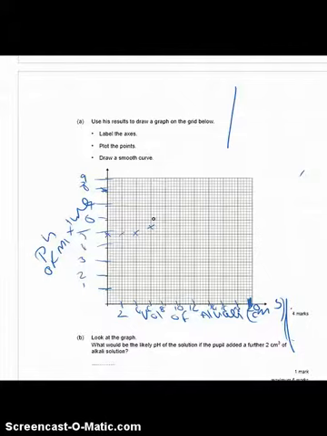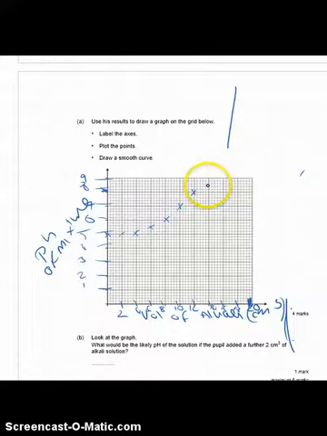Okay. 8 is 6. 10 is 7. 12 is 8. 14 is 8.5.